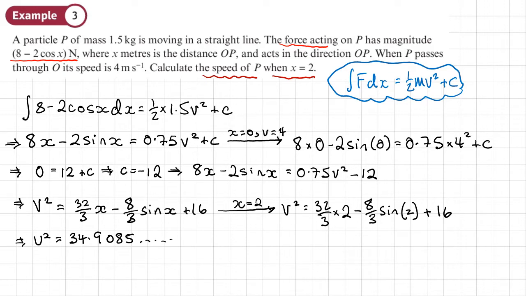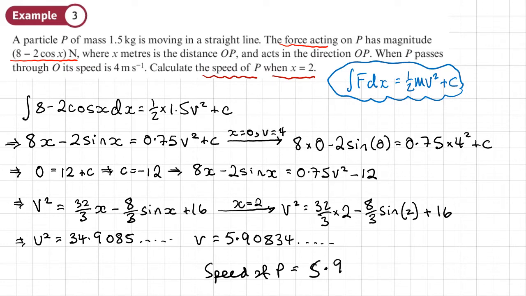So we'll square root that to find v, and that will give us 5.90834 and so on. We'll give our answer to 3 significant figures. The speed of P, v, is going to be equal to 5.91 meters per second. So that's 3 significant figures.